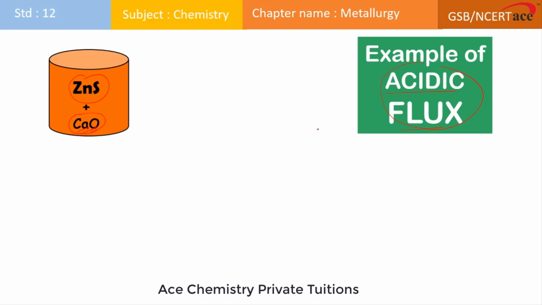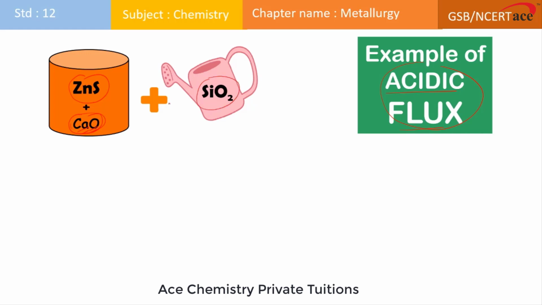So the question is, when to add acidic flux? Acidic flux is added only if the gangue is what? Basic in nature. Since here the gangue is basic in nature, calcium oxide, we are adding acidic flux, and this acidic flux is what? Silica. When the silica is added to the powdered mixture and heated, silica will not combine with the zinc sulphide, it will combine with the calcium oxide.